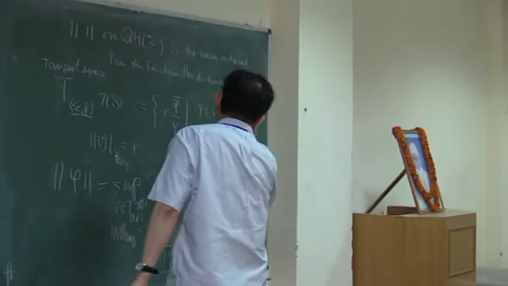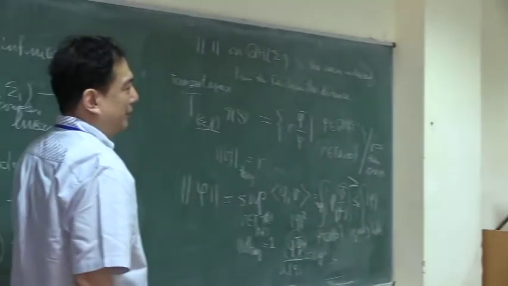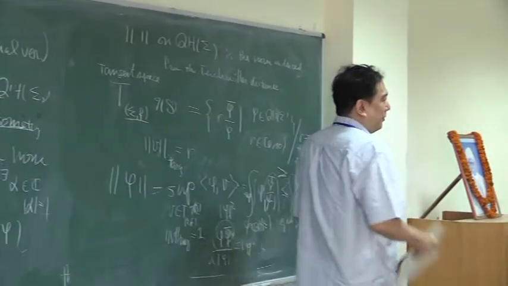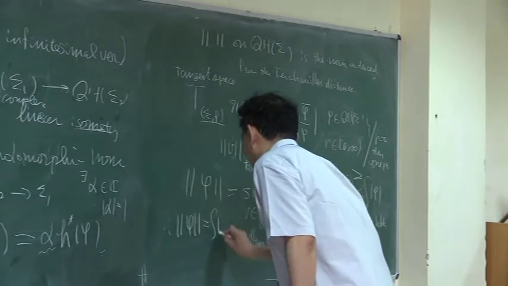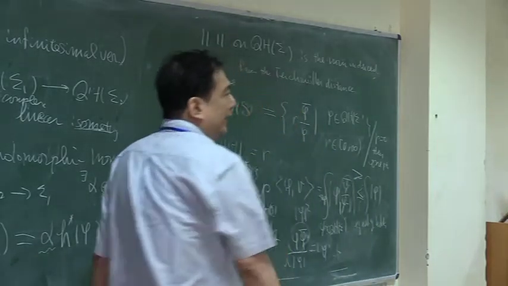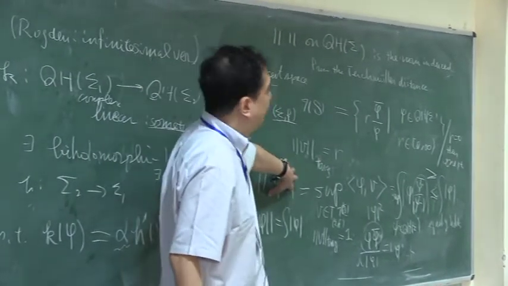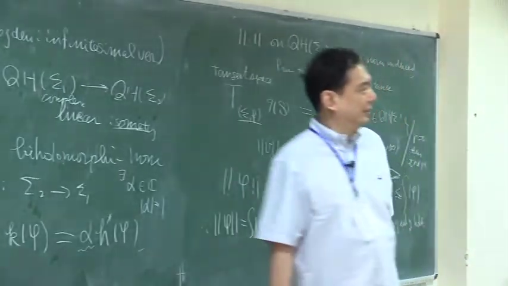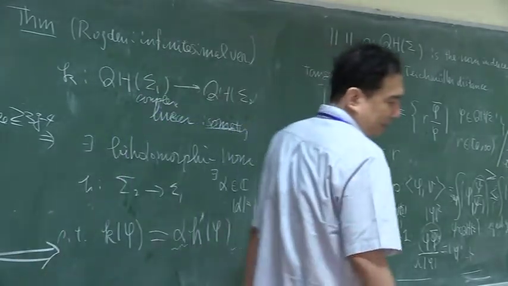So you have an inequality in the opposite direction, so they should be equal. That's why we define the norm by this. So this norm is the norm induced by the Teichmüller metric.